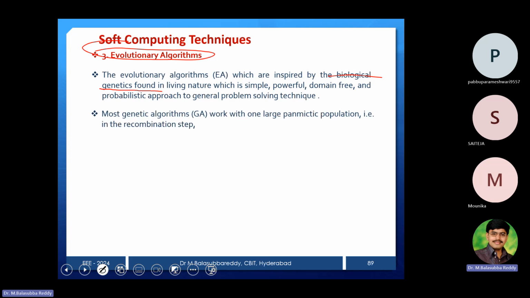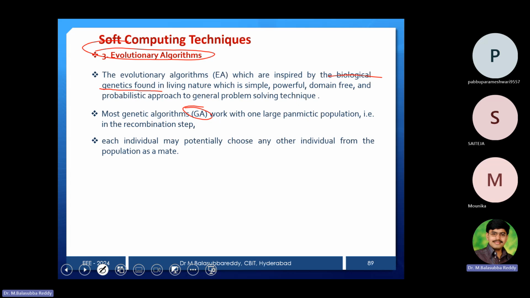So here, the most popular one we call the genetic algorithm. It works with one large population in the recombination steps. Each individual may potentially choose any other individual from the population as a mate. So in this process, there are a lot of members or groups or agents.